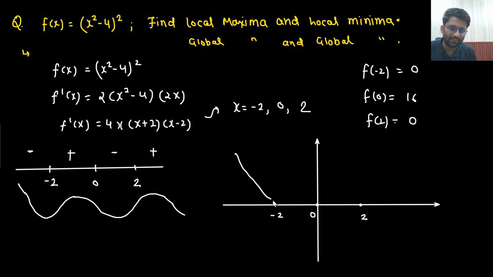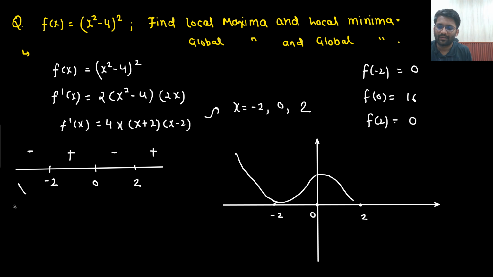At -2 the value is 0. Then at 0 the value is 16. Then the graph would go down. Wait a second, what have I done here? Sorry guys, the graph is going down here, then at this point it will rise up, then at this point it will fall down, and then at this point it will rise up. Okay, so this is how it will rise.